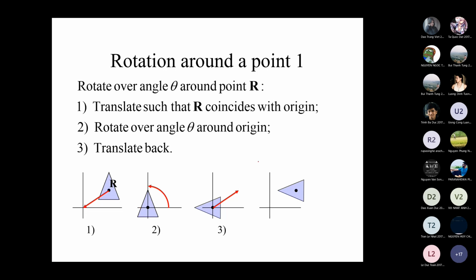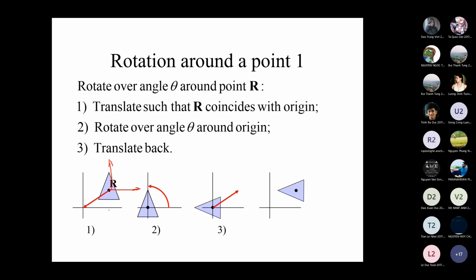The first one, we move the temporary origin, translating to the origin of the coordinate system. This is a new coordinate system, and we move to make the two coordinate systems coincide.